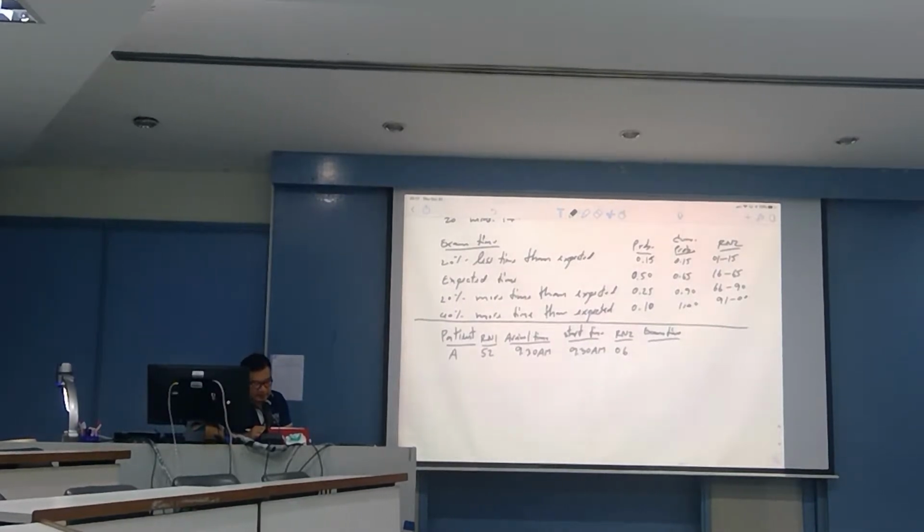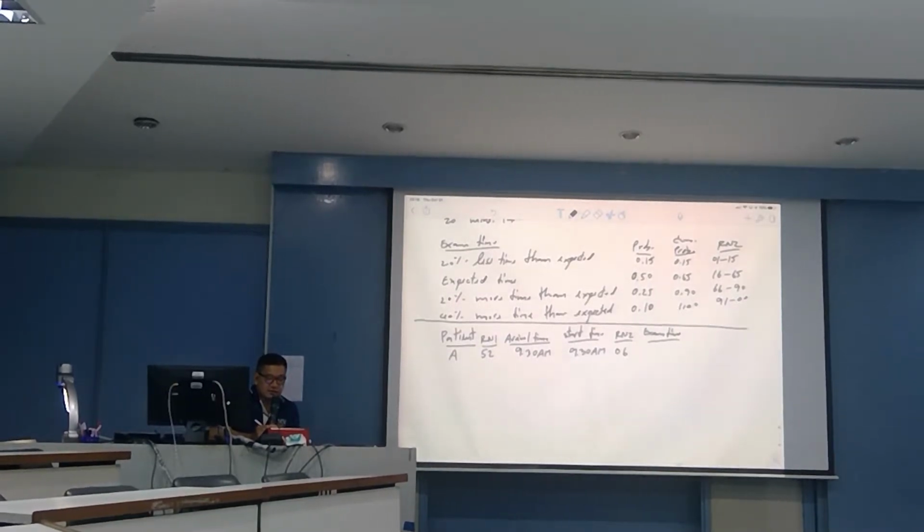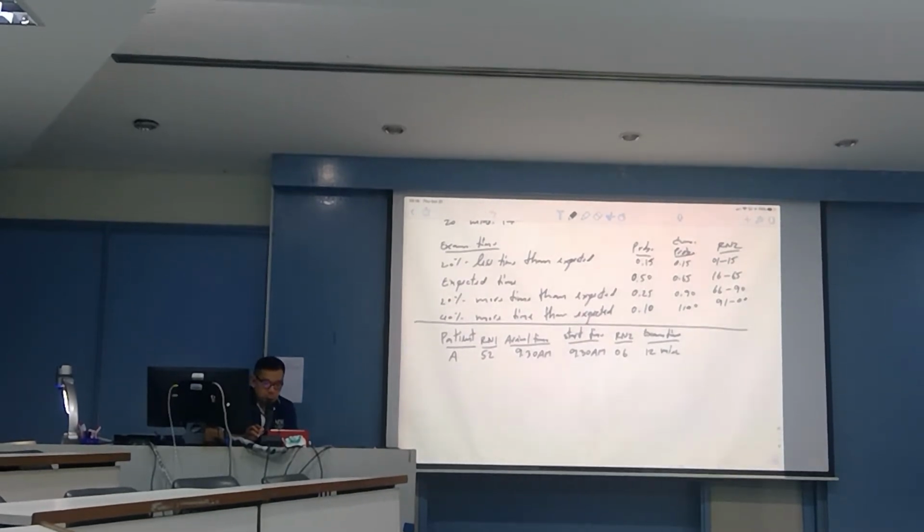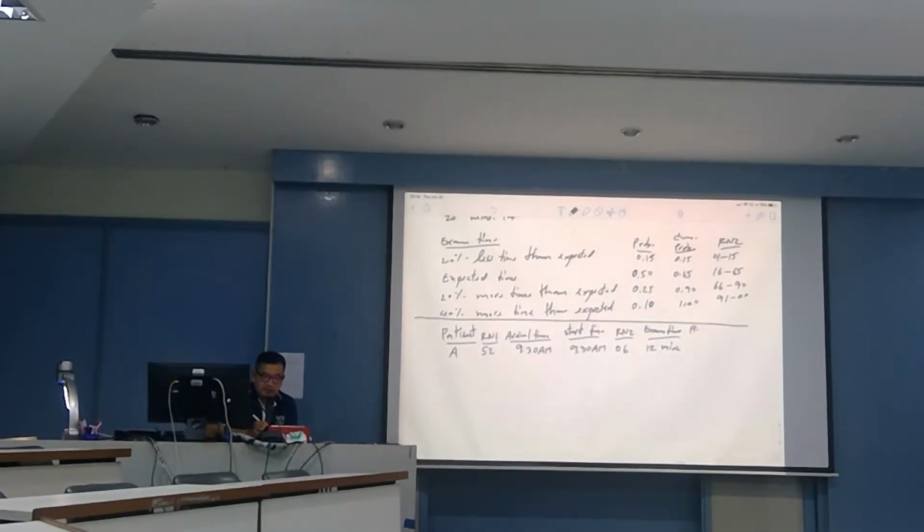Adam is expected to have an exam time of 15 minutes. 20% of 15 minutes is 3 minutes, so Adam uses just 12 minutes of the doctor's time. Then the finish time is 9:42. We don't have any waiting time.